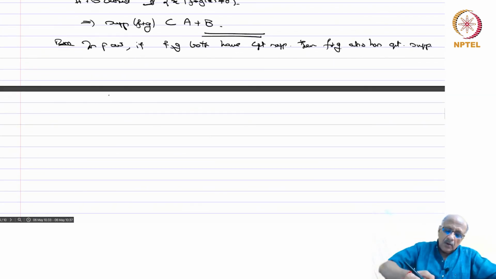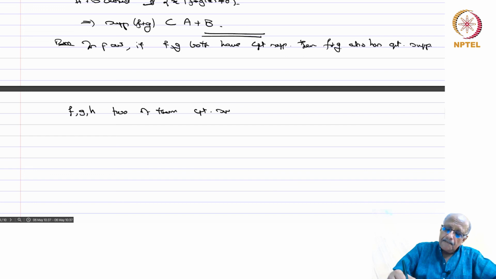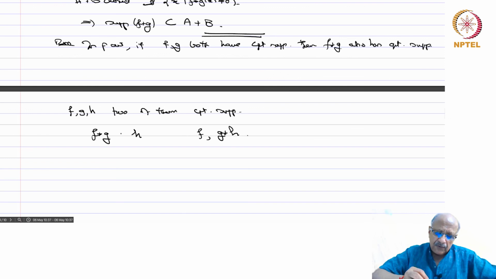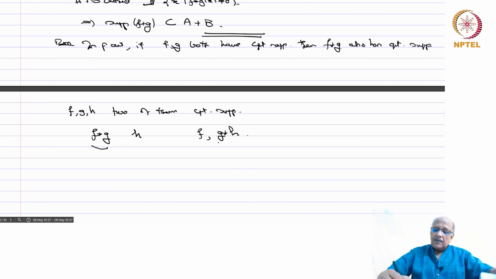So now if you have f, g, h, two of them with compact support, then consider f star g, star h, and f star g star h with the other grouping. Now, if f and g have compact support, then f star g has compact support. If g and h have compact support, then g star h has compact support.